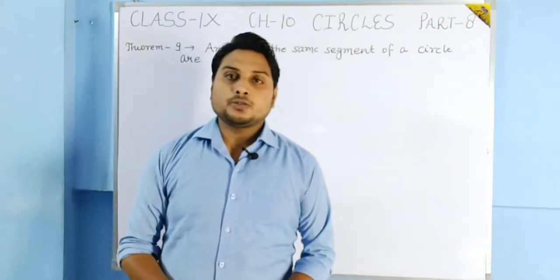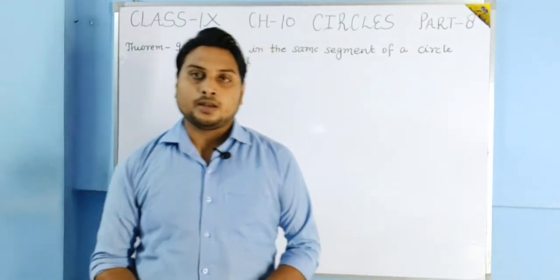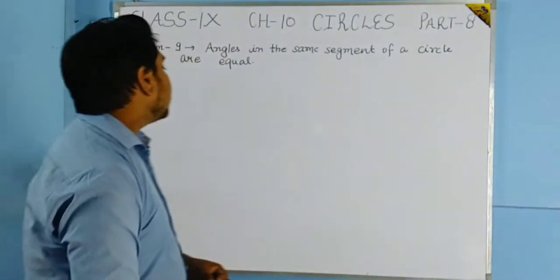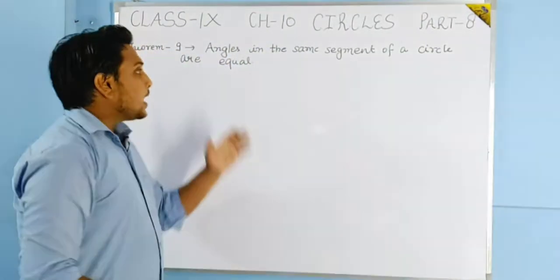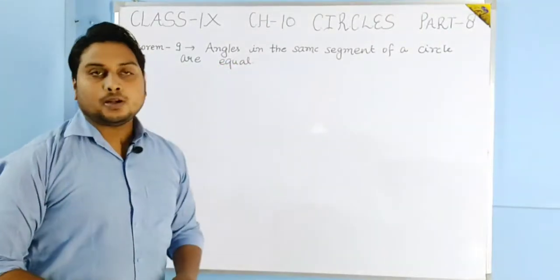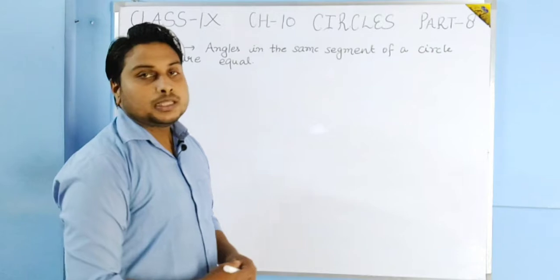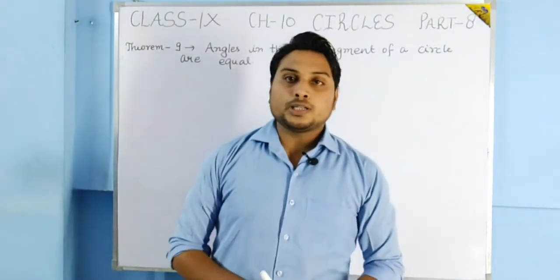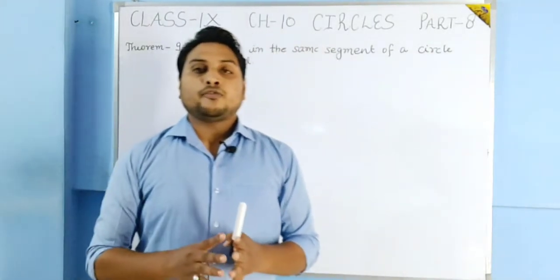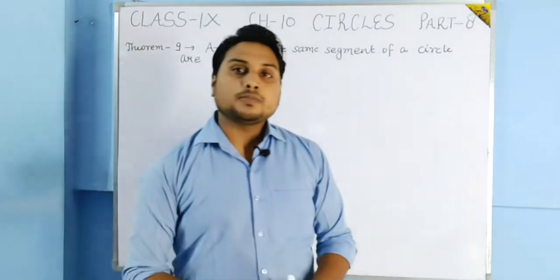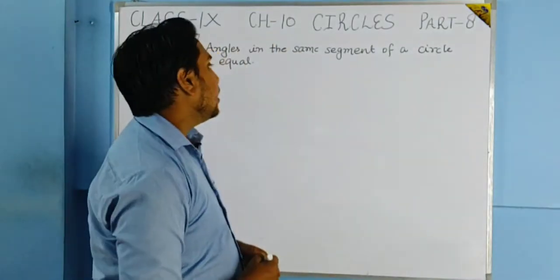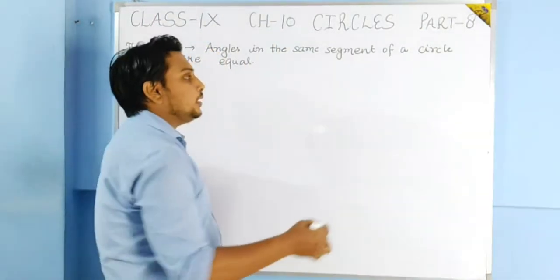Now students, coming to the next theorem, theorem number 9, and the statement of the theorem is: angles in the same segment of a circle are equal. This result is also very important, that if angles are formed in the same segment of the circle, then those angles will be equal.